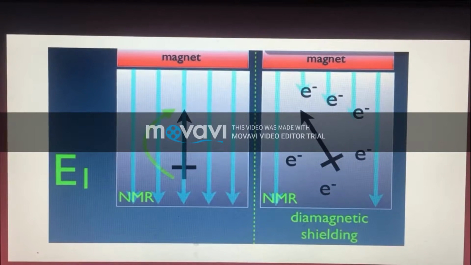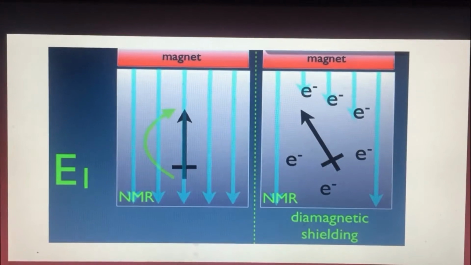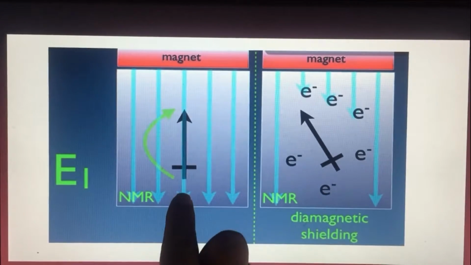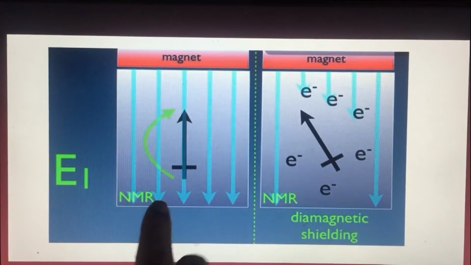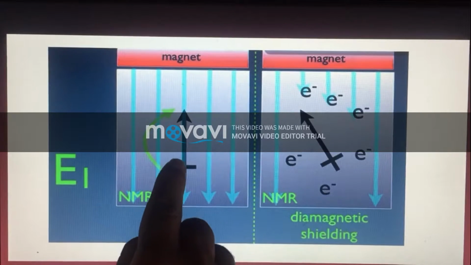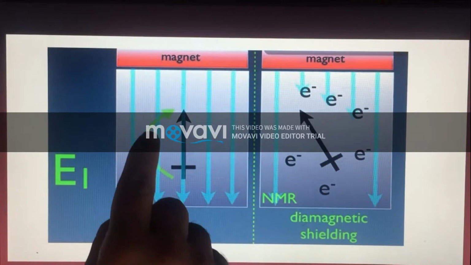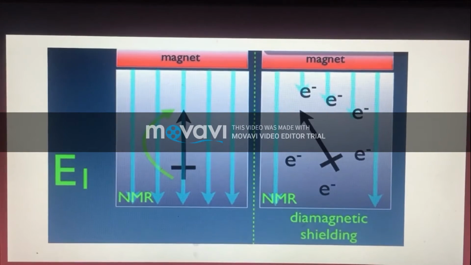In this, see on the left hand side, if you apply external electromagnetic radiation to this sample, then what will happen? It will flip to the opposite direction of the applied magnetic field. Energy required, E1, will be more because the nuclei has to flip by 180 degrees.